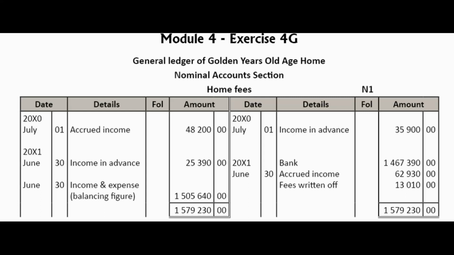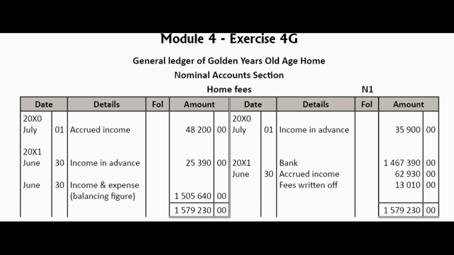And that is the amount that we have received in the bank during the financial year. Okay, so you have debited bank, credit home fees, 1,467,390. Okay, let's see what we have to write off as bad debts. The outstanding fees of 1 July, 35,190 was recovered. The balance must be written off as irrecoverable.